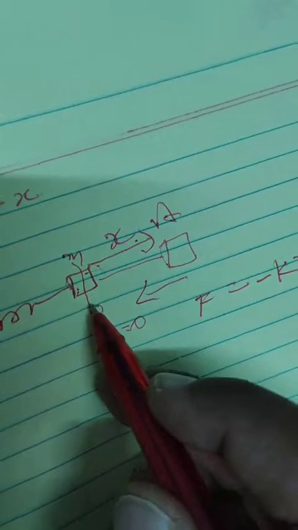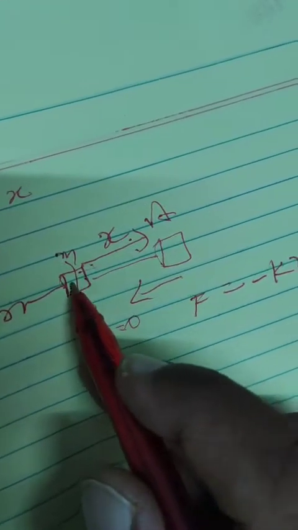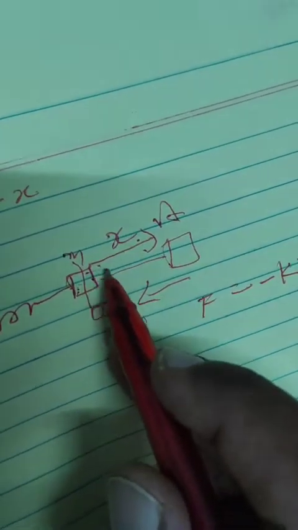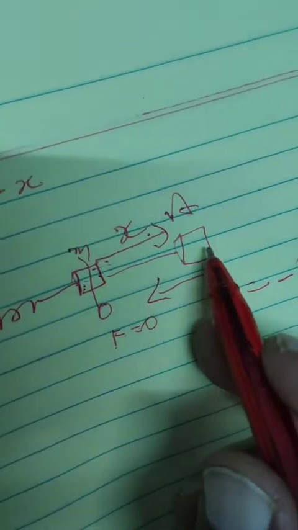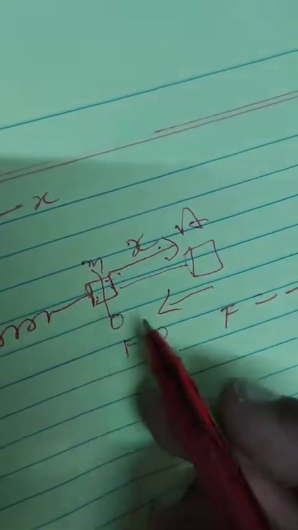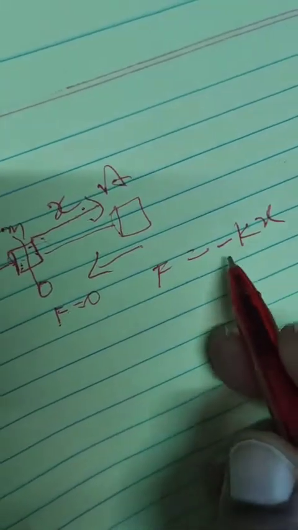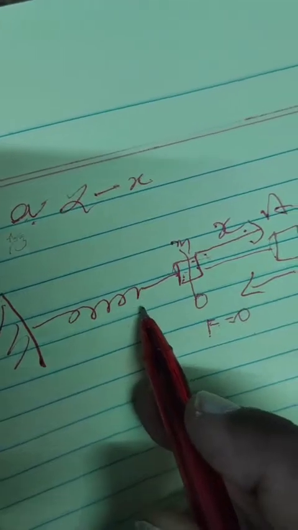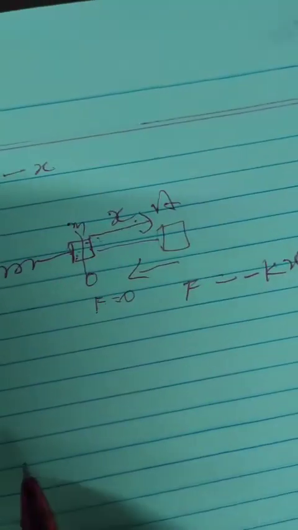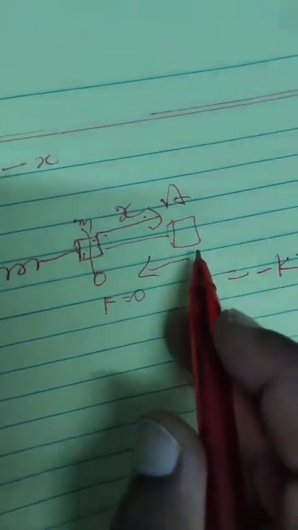The particle has displaced from O to A, so the displacement direction is towards right, and the restoring force is acting towards left. In that way force and displacement are opposite in direction, that is why minus. And k is called the spring constant. Every spring will have a spring constant k. So this much force will be acting on the mass particle.